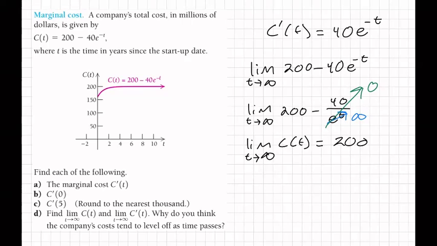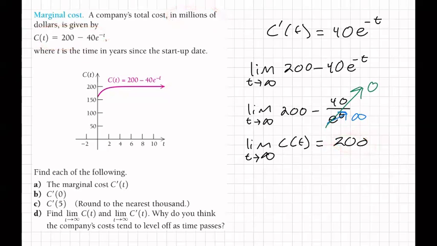Now, what you're seeing is that the total cost for the company, in millions of dollars in a year, will be capped at 200 million. So this is 200. Remember, we're working in millions. That'll be the cap for the total cost.